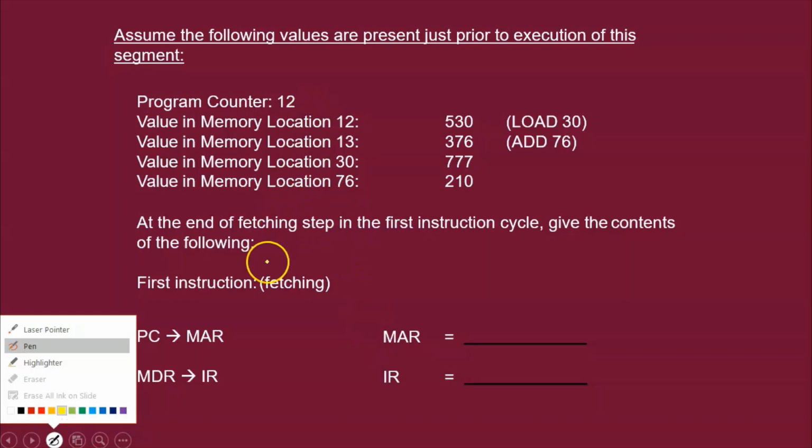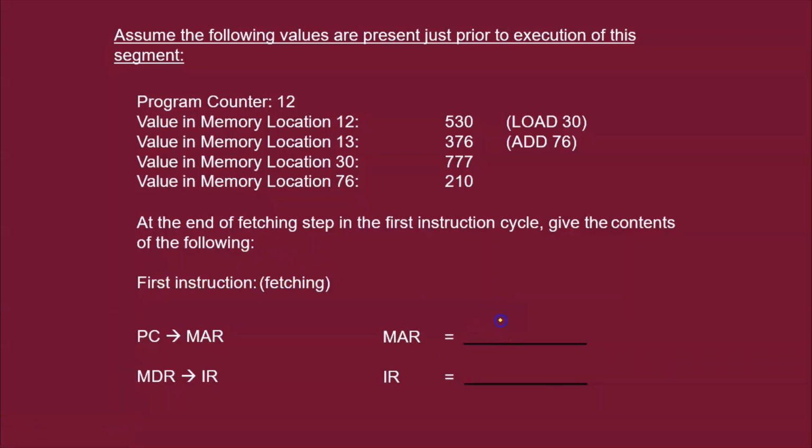So PC needs to be put into MAR. Okay, fetch instruction, this is for the first instruction. So your MAR will have 12. Okay, this is a memory address. So what do we have in 12? We have 530. So this is the machine code.